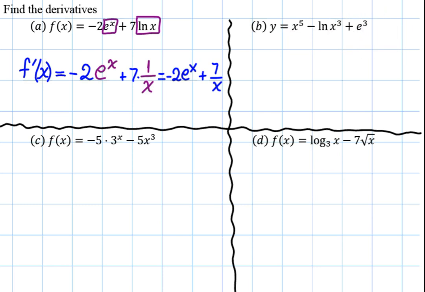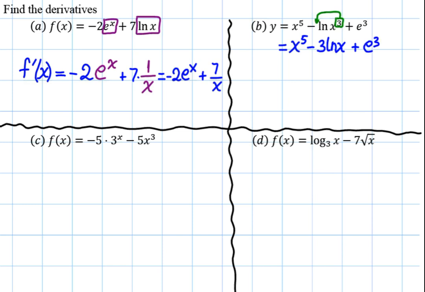So first thing we do is to rewrite the function. So we don't take the derivative yet. So the function is equal to x to the fifth. What we do here, we'll take the third power outside. So it will be a coefficient, 3 ln of x, plus e cubed.